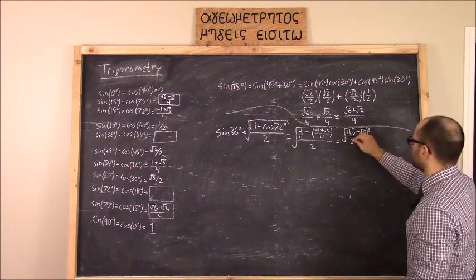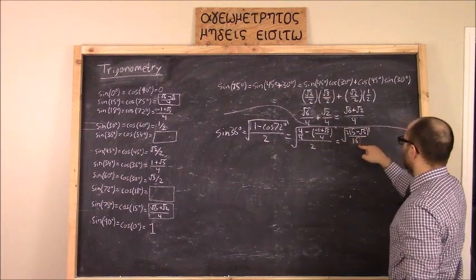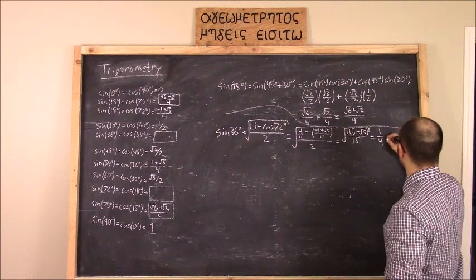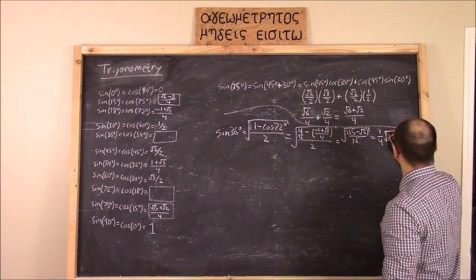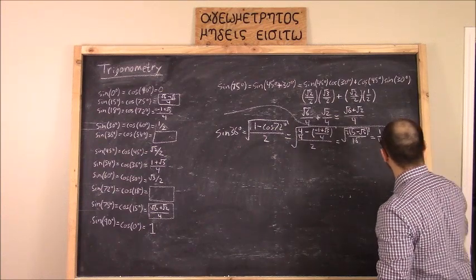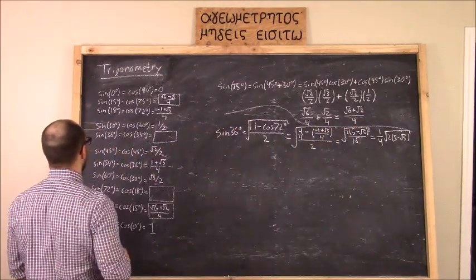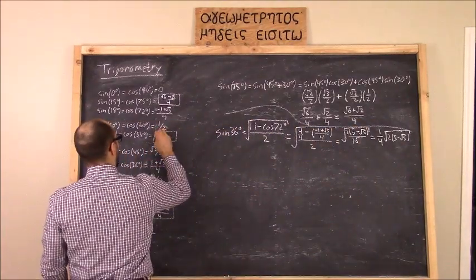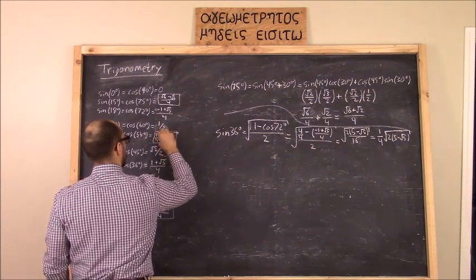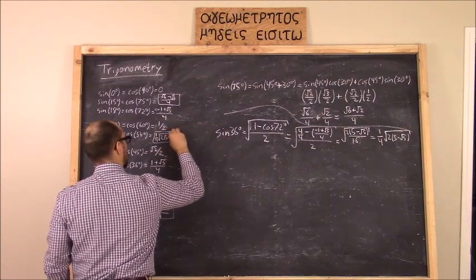Now 2 times 8 is equal to 16. Well, the square root of 16 is 4, so I can factor out a 1/4, and that is 5 minus root 5. Okay, so that is sine of 36 degrees. 1/4 times the square root of 2 times 5 minus root 5.